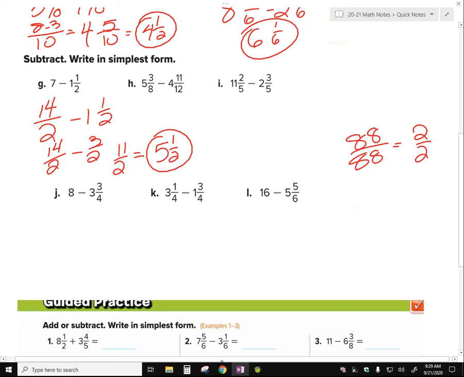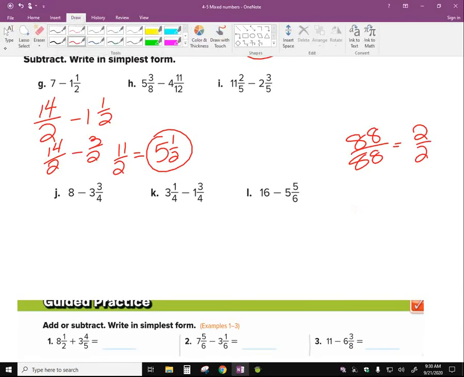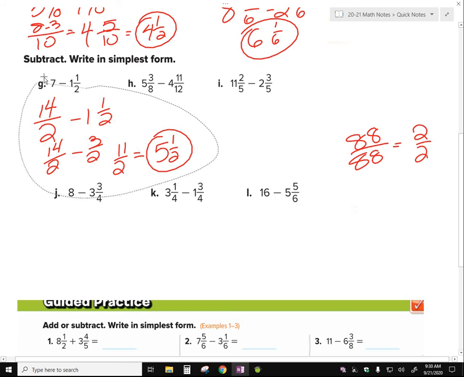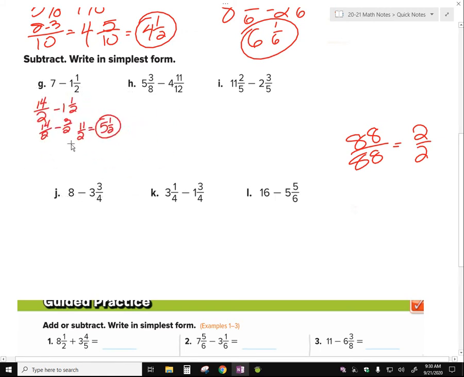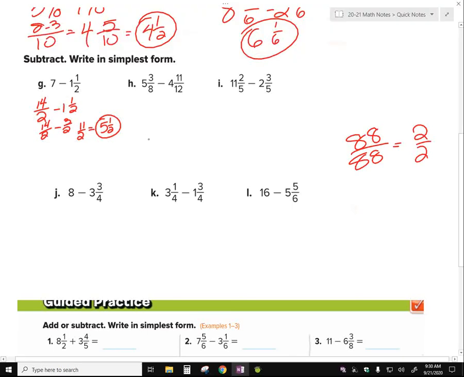This next one here, the least common denominator between 8 and 12 is going to be 24. So I have to multiply. So I have 5 and 9 24ths minus 4 and 22 24ths.